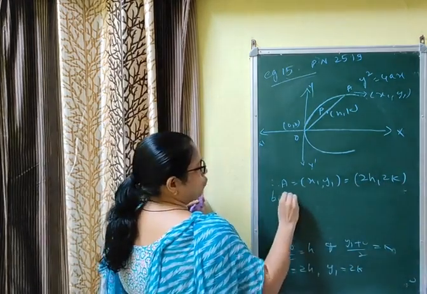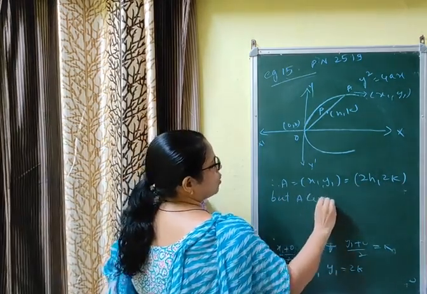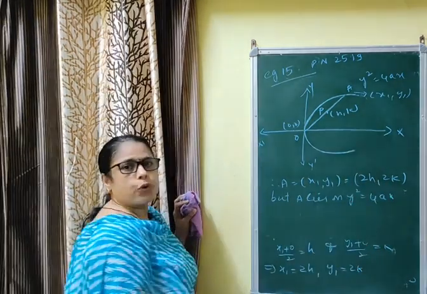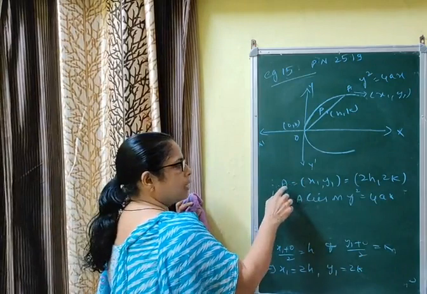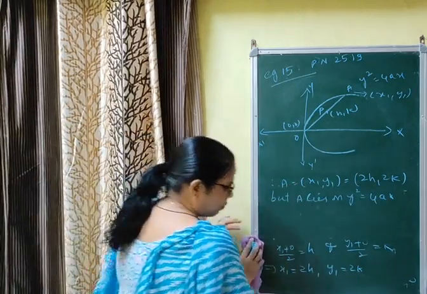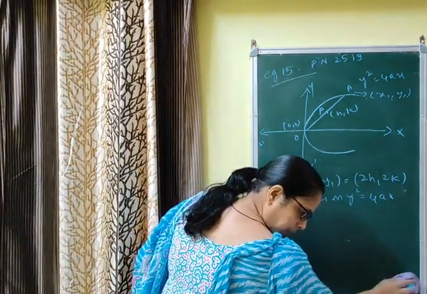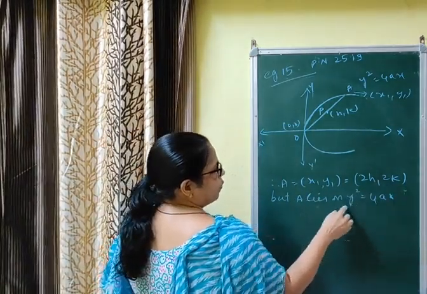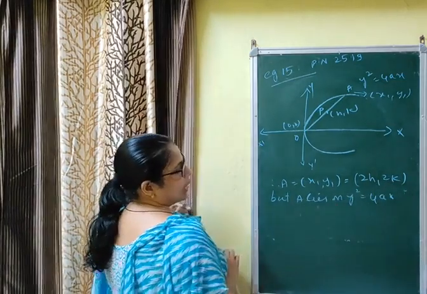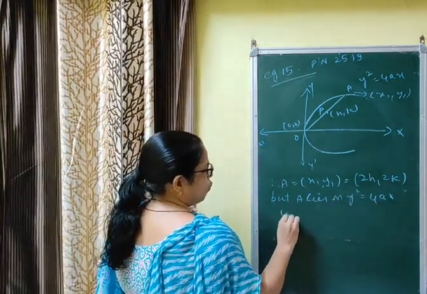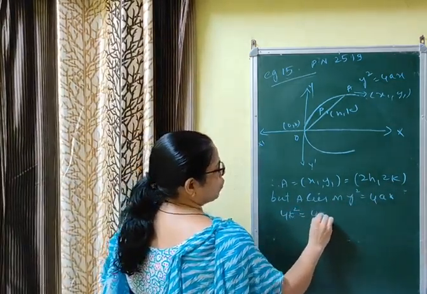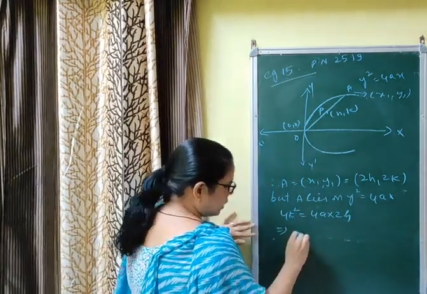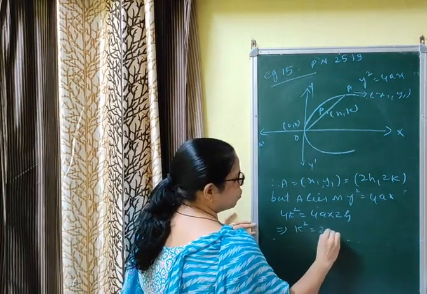But A lies on which parabola? A lies on y square is equal to 4ax, so it will satisfy the equation of the parabola. By replacing y by 2k and x by 2h, you will get 4k square is equal to 4a into 2h. By solving it, k square is equal to 2ah.